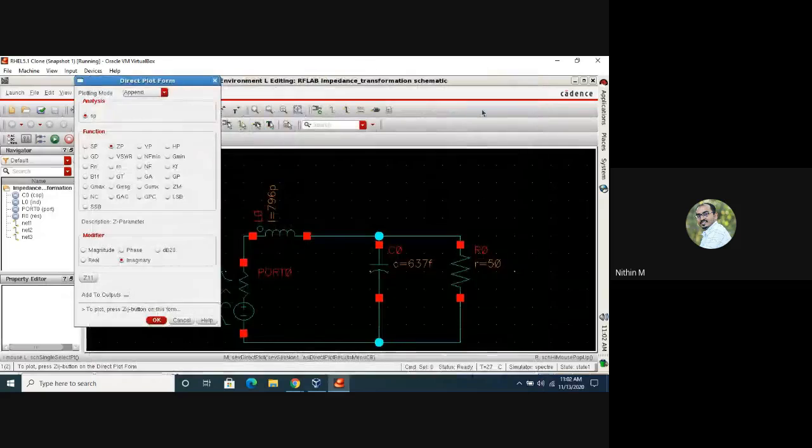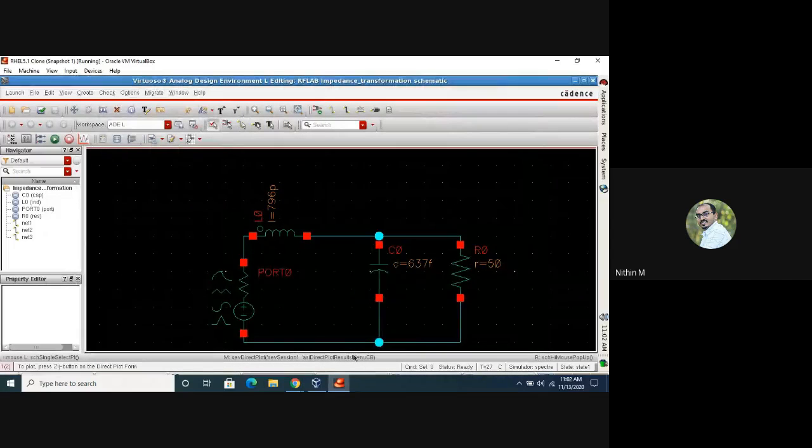What we did here is use this L section topology, an LC element, which transformed this 50 ohm impedance into 25. You can try all the other section topologies with respect to various frequencies. Now I'll conclude the session with this, and tomorrow we'll discuss further.